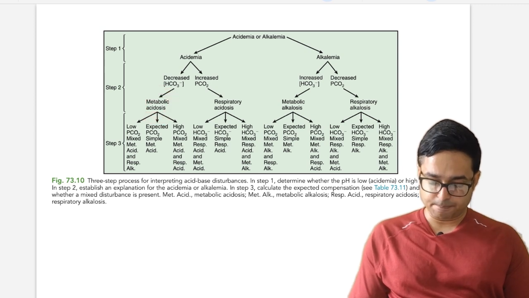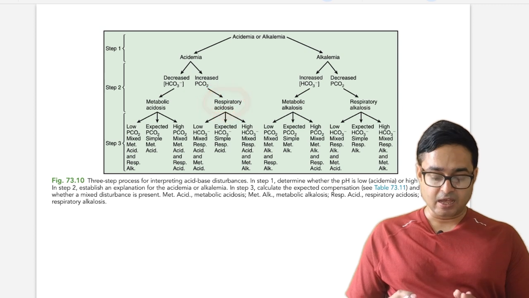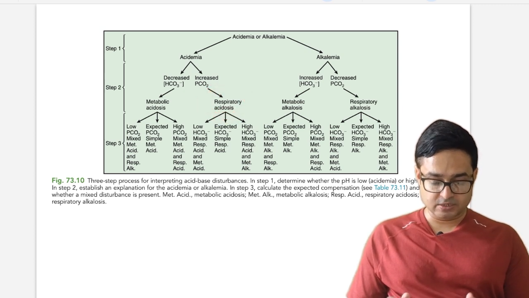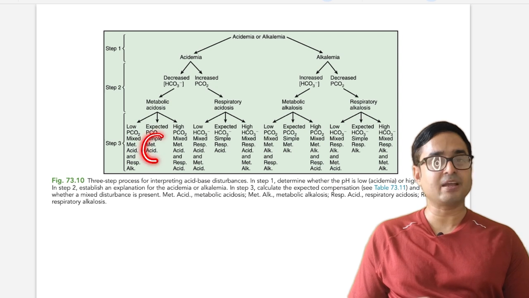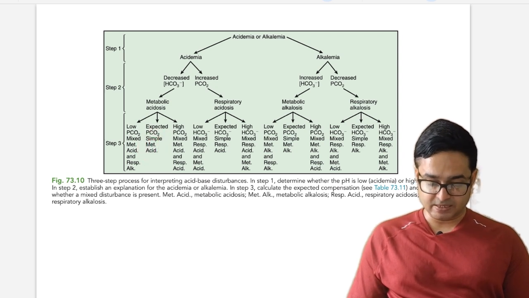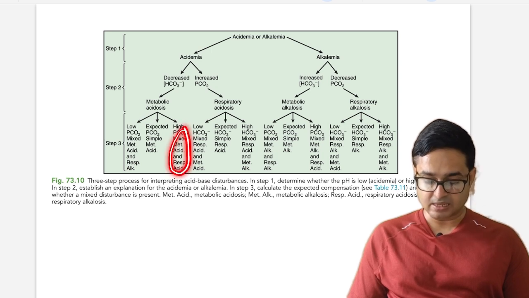If PCO2 is increasing, it will be respiratory acidosis. After step 2, just see compensation. If metabolic acidosis you found and low PCO2 is there, it will be mixed metabolic acidosis and respiratory alkalosis. But if expected PCO2, this is simple metabolic acidosis. And high PCO2, that is mixed metabolic acidosis and respiratory acidosis.